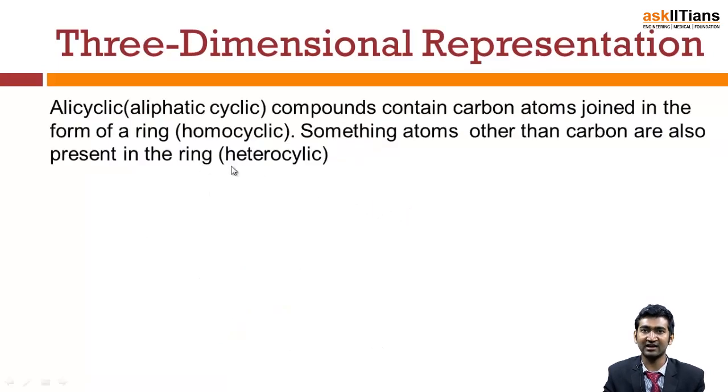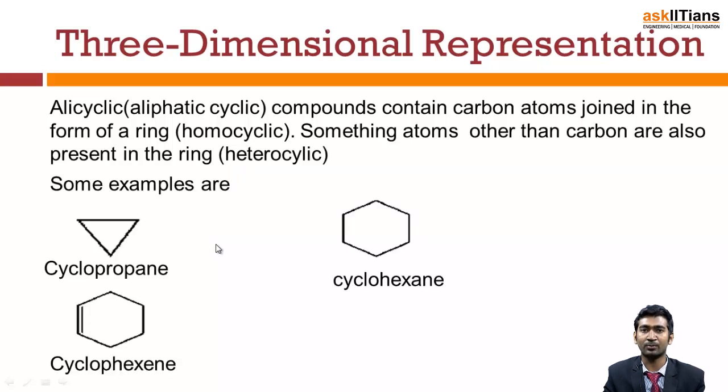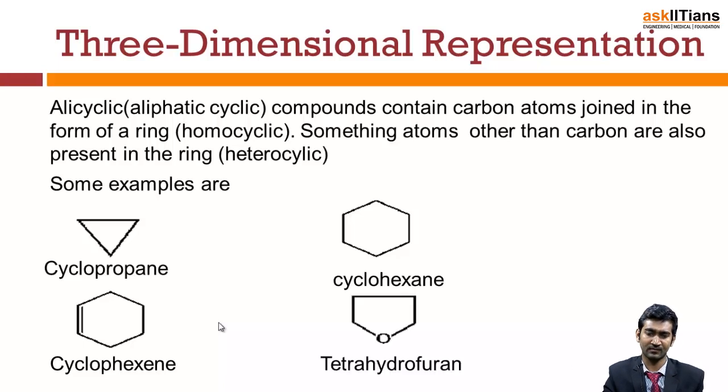And alicyclic, these are the alicyclic ones: cyclopropane, cyclohexane, cyclohexene. If there is a double bond, I say ene; if there is a single bond, ane; if there is a triple bond, we say yne. This is tetrahydrofuran. There is a furan structure, with O in between.